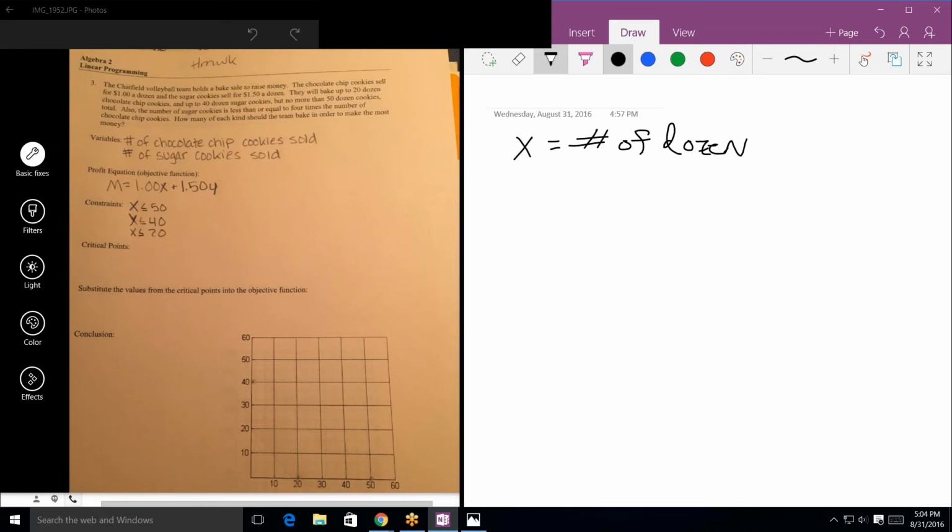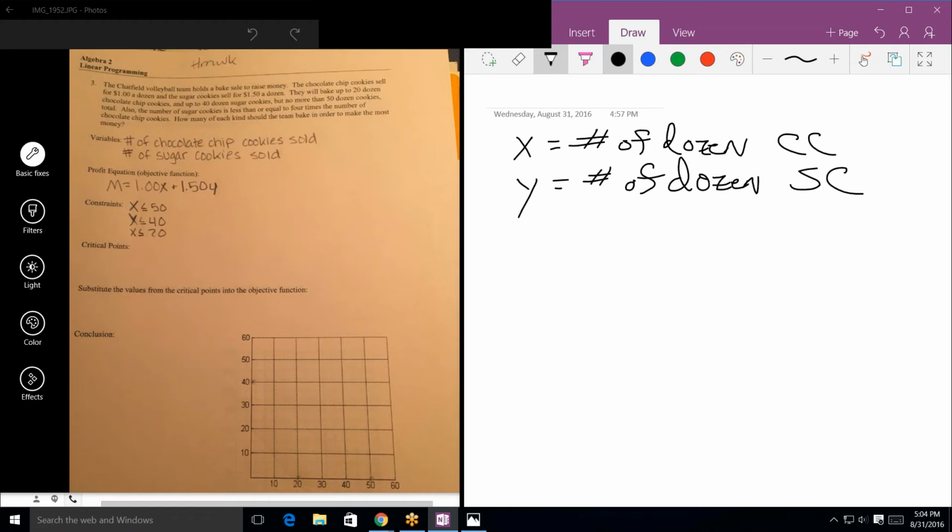So X is the number of dozens of chocolate chip and Y is going to be the number of dozens of sugar cookies. And that makes this your revenue function. In this case, the revenue function is the same as the profit function because they don't attach any cost to making these cookies.